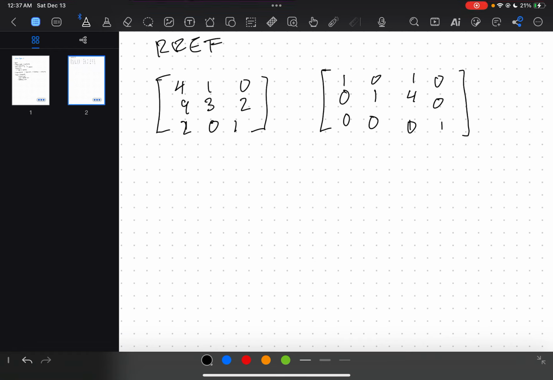So you have something like this, and what you want to look at is we have pivots which have only zeros above and below, and each of these rows only has a 1 in front, like the 1 is the first item.